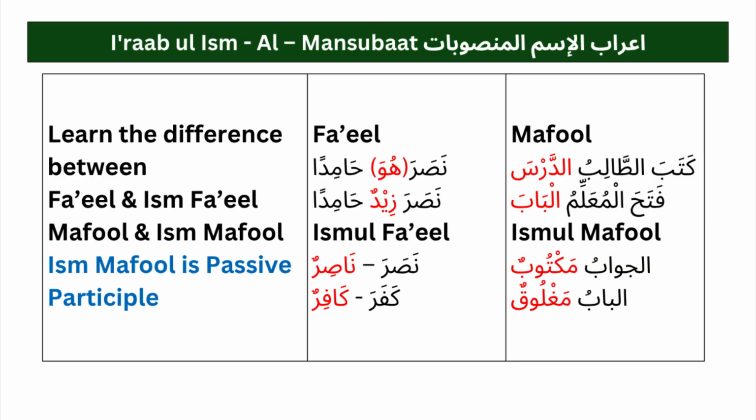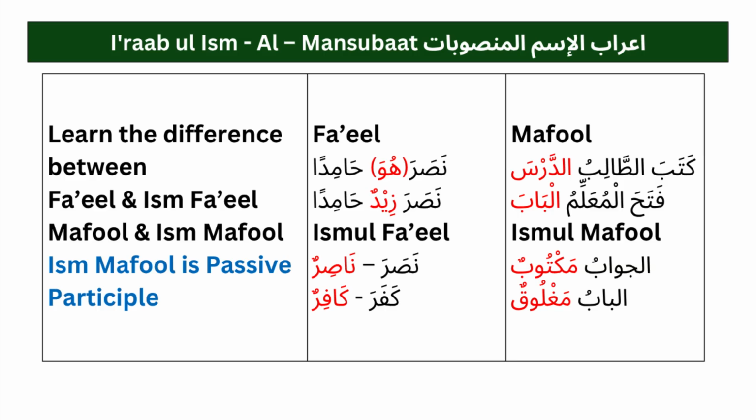So ismul maf'ul is a descriptive noun pattern. But maf'ul by itself in sentence grammar means the object of the action. It is the thing that receives the action inside the sentence. The page gives examples such as katabat talibud darsa, the student wrote the lesson, and fatahal muallimul baba, the teacher opened the door.